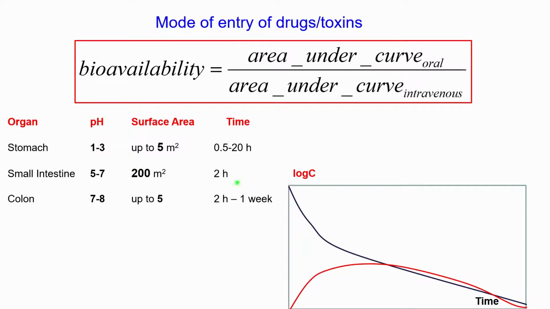Food and drugs spend around 2 hours in this area, after which they are coming to colon, which has mildly basic or even neutral pH, very close to pH of human blood, relatively smaller, still very large surface area, 5 square meters, and whatever contents can stay there from 2 hours all the way to 1 week, depending on conditions.